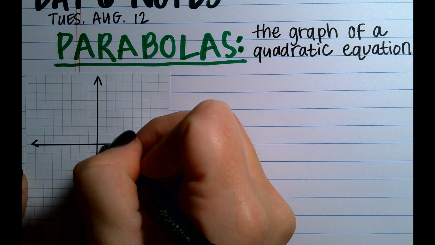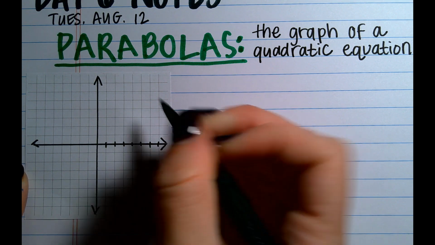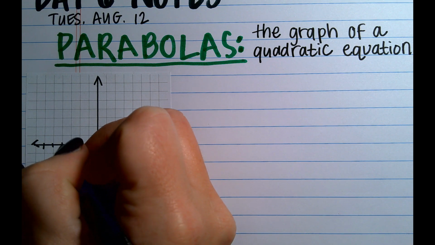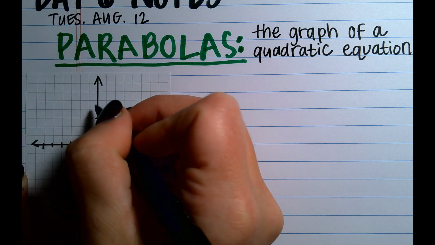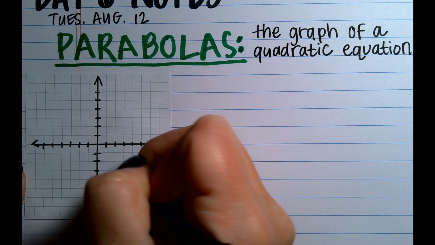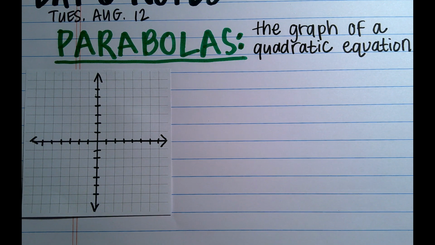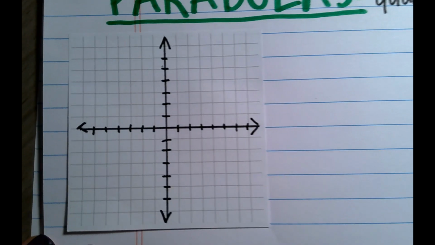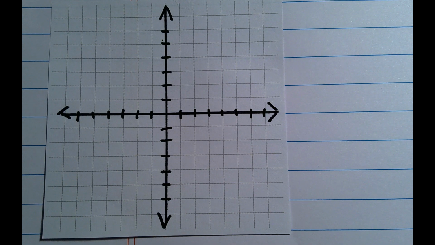And on my graph, I'm just going to put some tick marks all along both of the axes that we just drew. And I know it's really tiny, but I'm going to try to put some numbers on here. So let's see if this works.